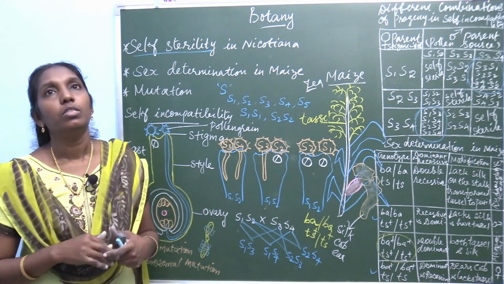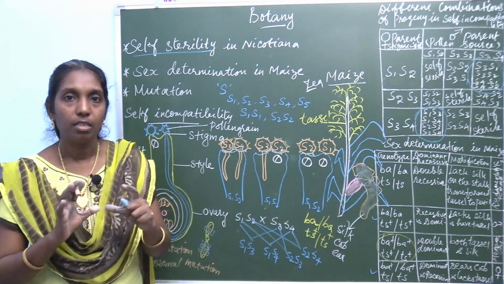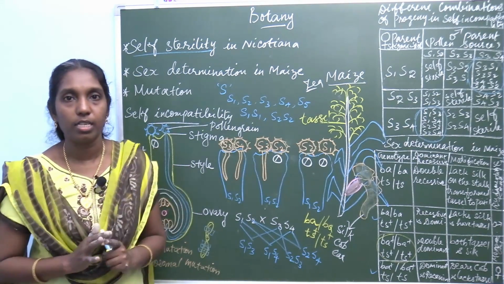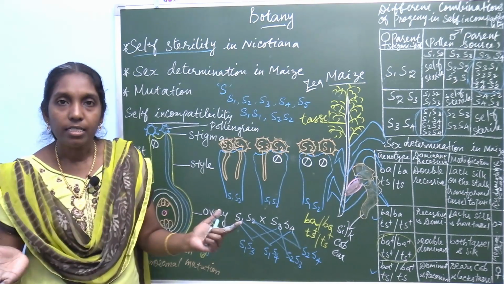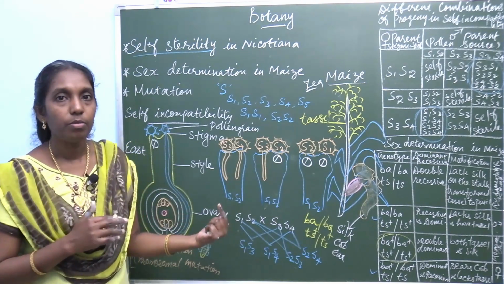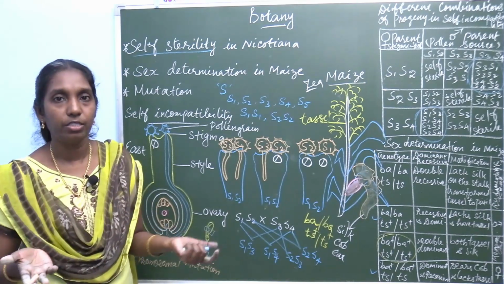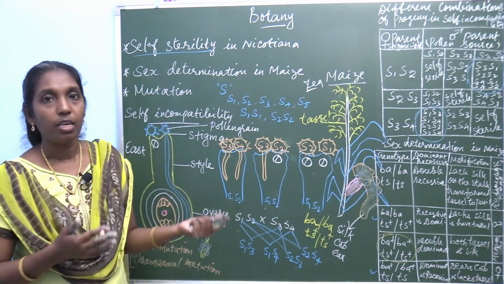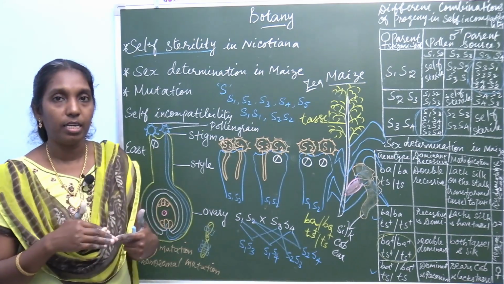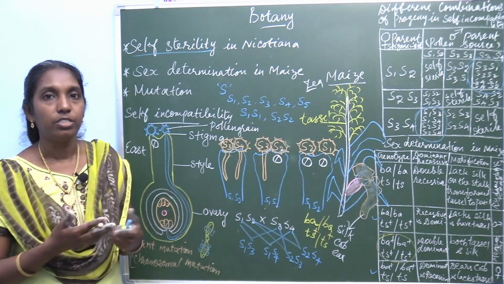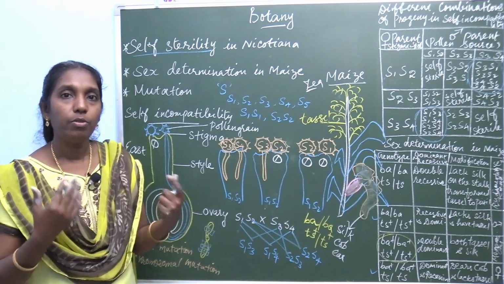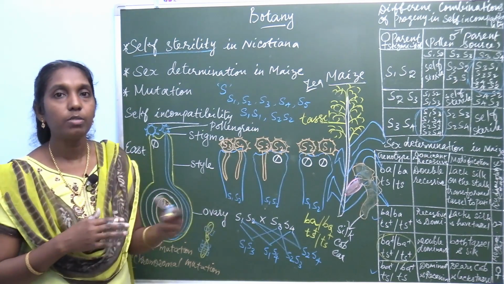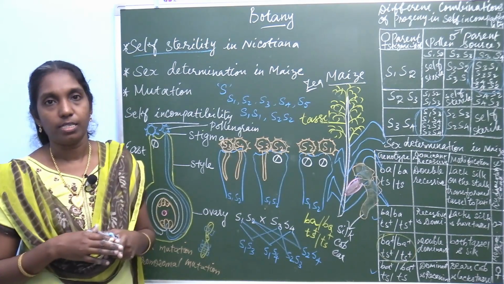You know that there is a definite set of chromosomes present in an organism. If any alteration occurs in the chromosome, it is called mutation, sudden change. It may be spontaneous or induced, by chemicals or environmental conditions. If any mutation is caused by agents, they are called mutagenic agents.